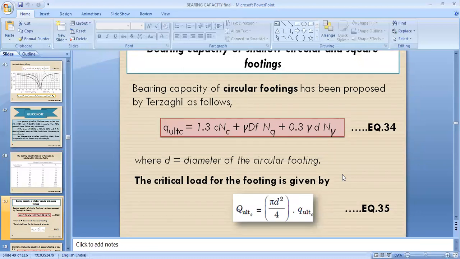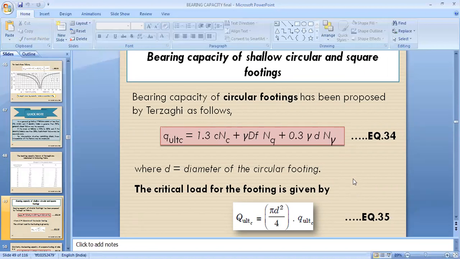Now, this theory has been extended for circular and square footings as well.